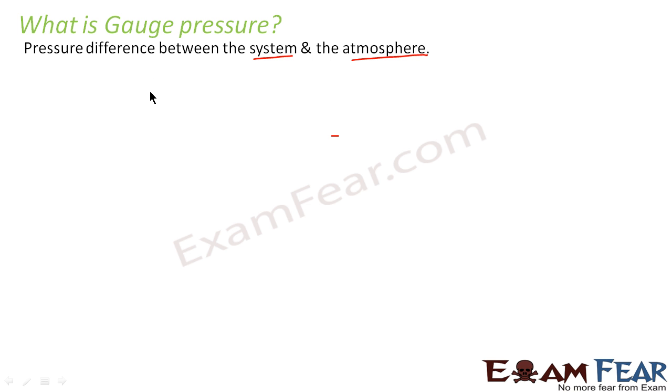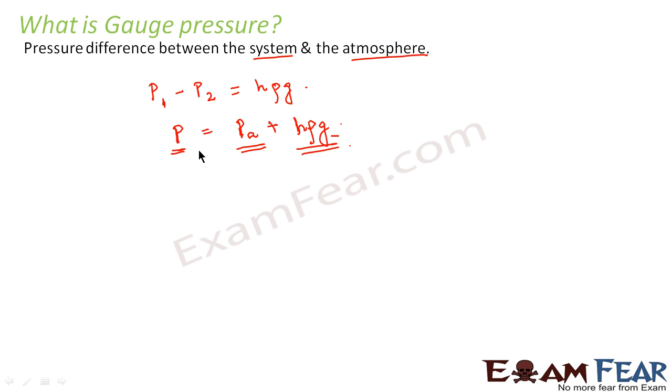As I already discussed in some of the previous slides, the pressure difference at any two levels is given by H rho G. Now when we considered that, let us suppose that P at any point is the pressure, then this becomes equal to the atmospheric pressure plus H rho G. That means the pressure at any point is equal to atmospheric pressure plus H rho G. That means what do we observe?